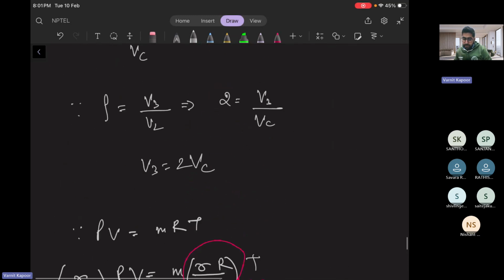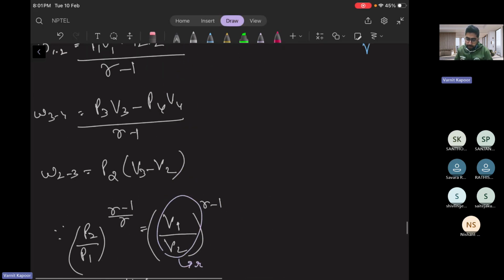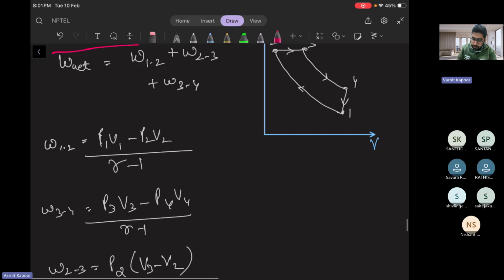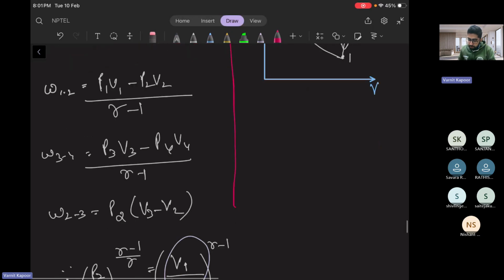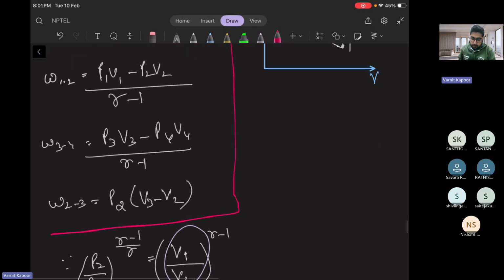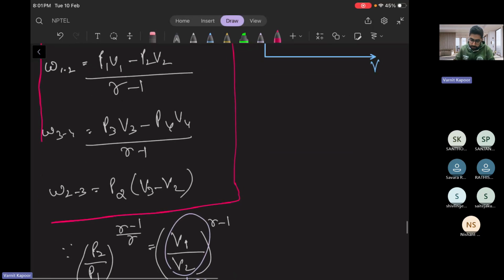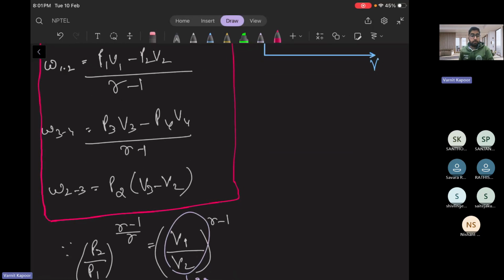Now, some of you may ask why we have written this part, as we have not used it. Yes, we have not used it, just to recap the concepts of thermodynamics.